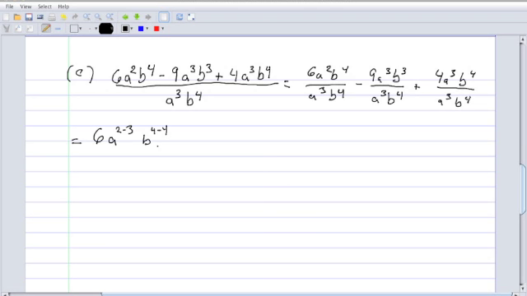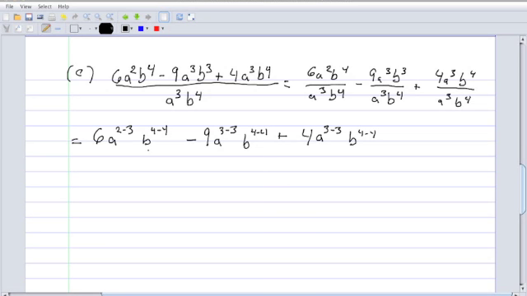The second one is minus 9. I have a 3 minus 3, I have b 4 minus 4, plus 4 a to the power of 3 minus 3 times b to the power of 4 minus 4.